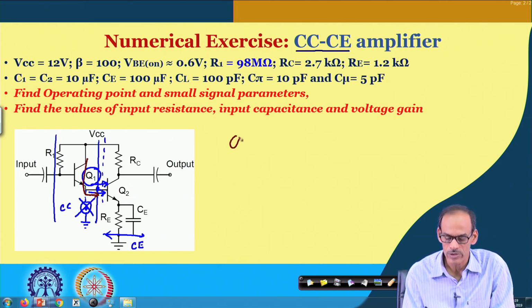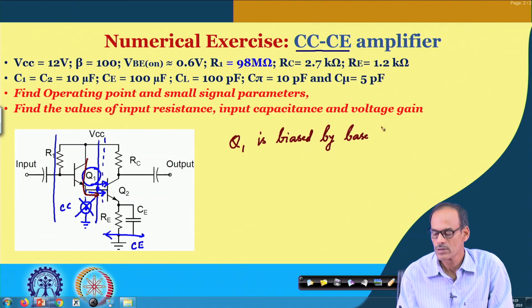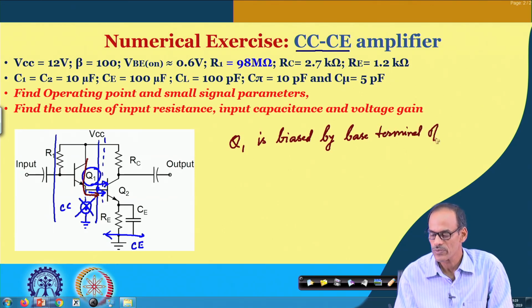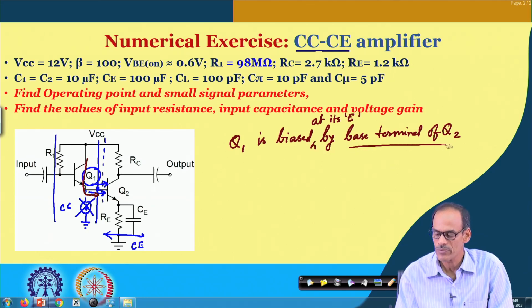So, in summary, Q1 is biased at its emitter by the base terminal of Q2.